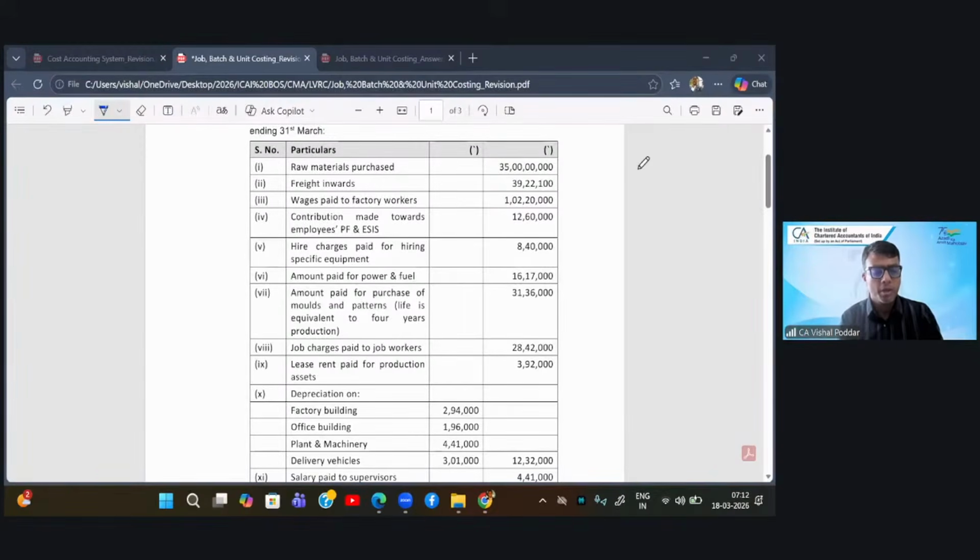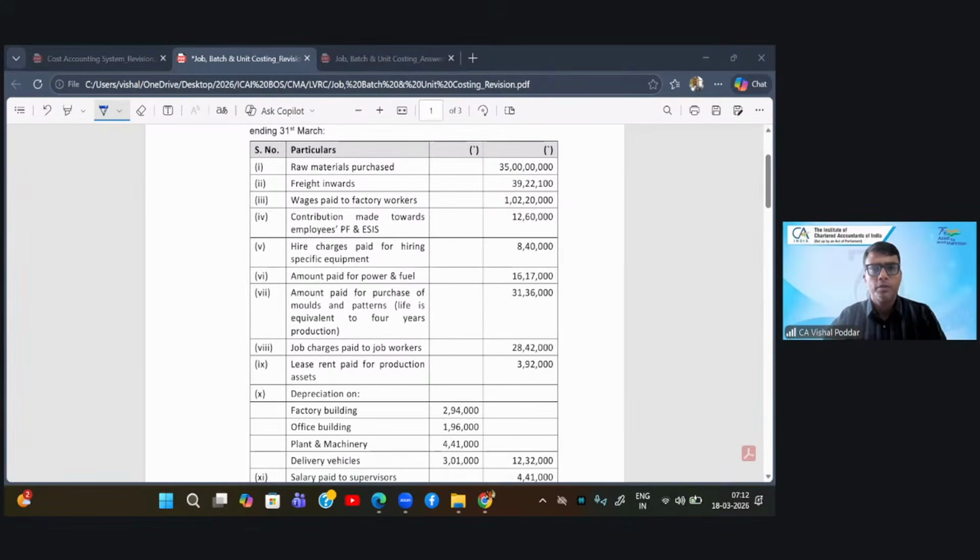So you have raw material consumed as one category, then factory overheads, then R&D related expenses, then your administration, and selling and distribution. Go ahead, you have to do marking.